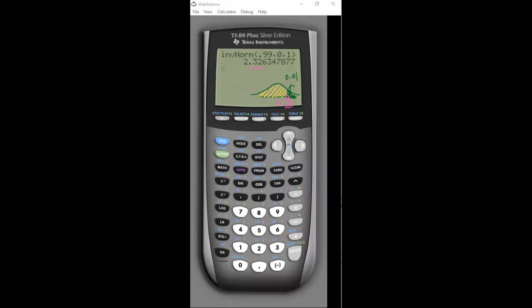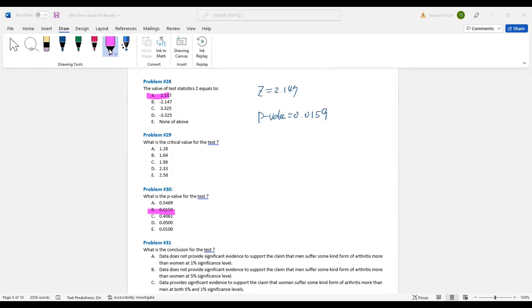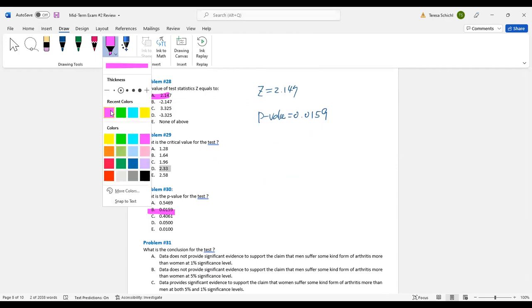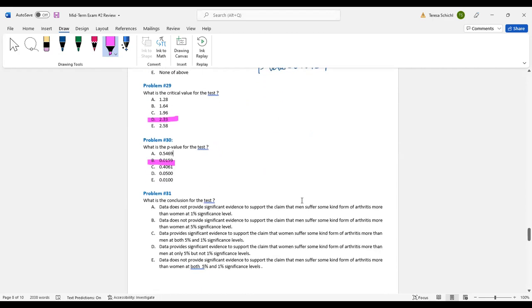Okay, let's go back to the exams here. Okay, so it's 2.33. Do we have 2.33? Oh, yes, here. So we have 2.33, right? So this will be our answer. Okay, so now let's take a look. What is the conclusion before we even read it?